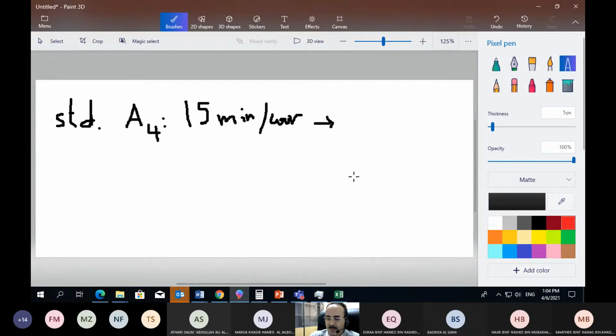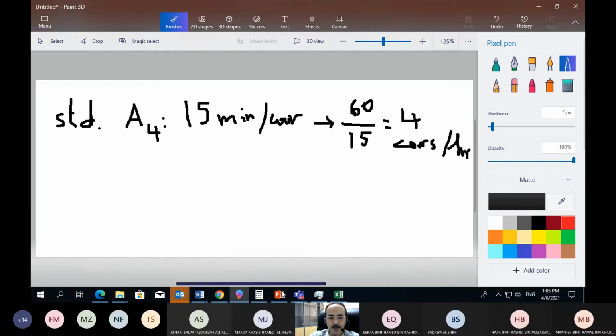So to determine the capacity, what do we do? As we did earlier, it's going to be 60 minutes per hour divided by 15 minutes per unit or per car. So this is 4 cars per hour. This is how we determine the capacity.